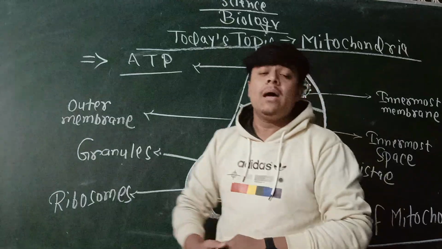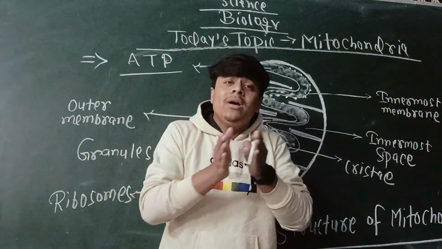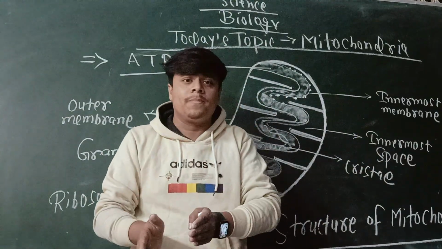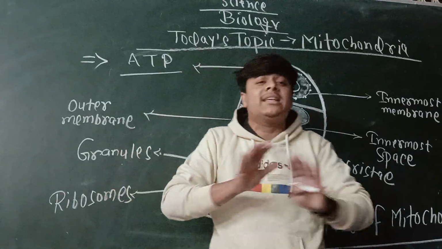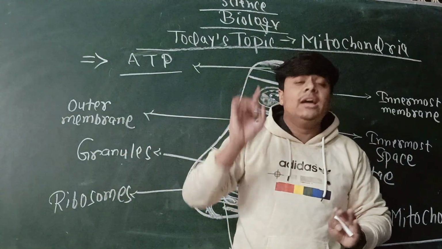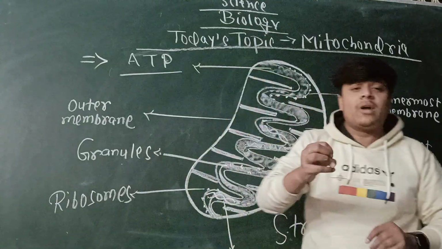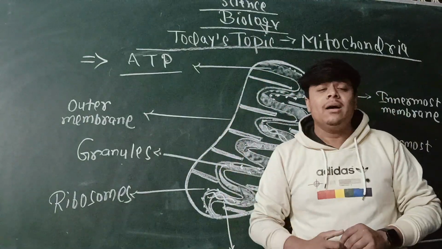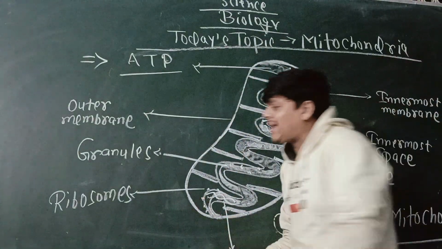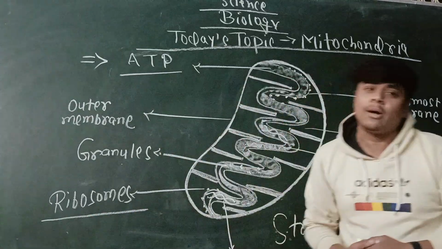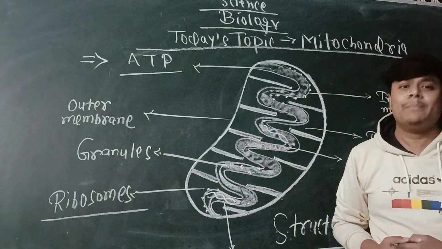So as we know, mitochondria has its own DNA and its own ribosome, and that's why it does not need any other organelle. DNA is the important structure which is found in the mitochondria, and after that the ribosome, because ribosome helps in the synthesis of protein, and that's why we need a mitochondria.